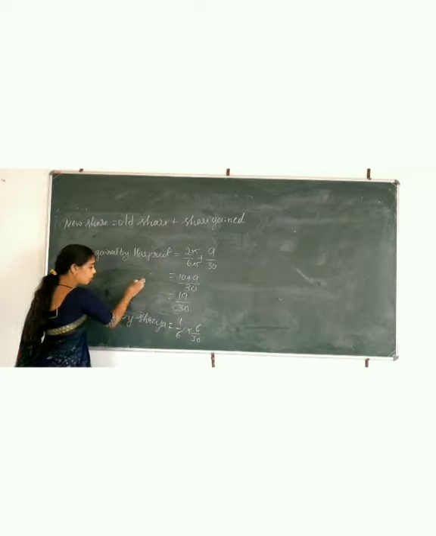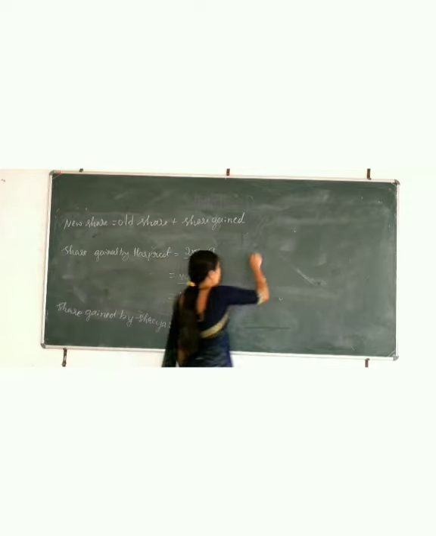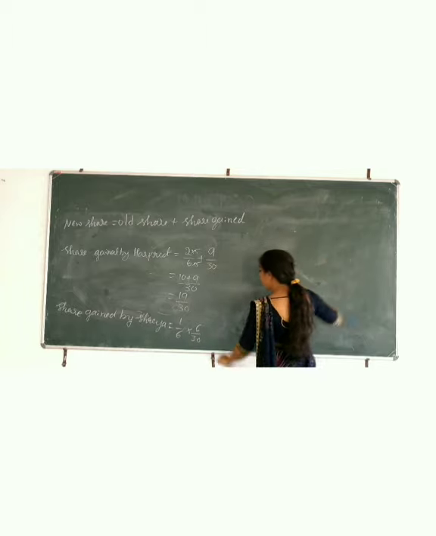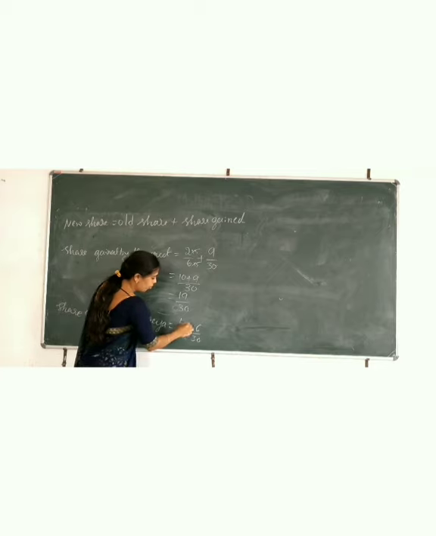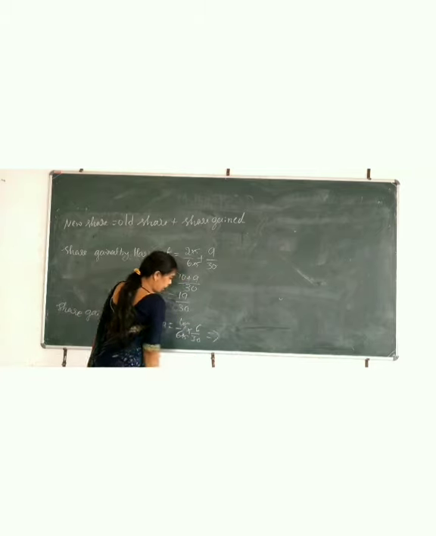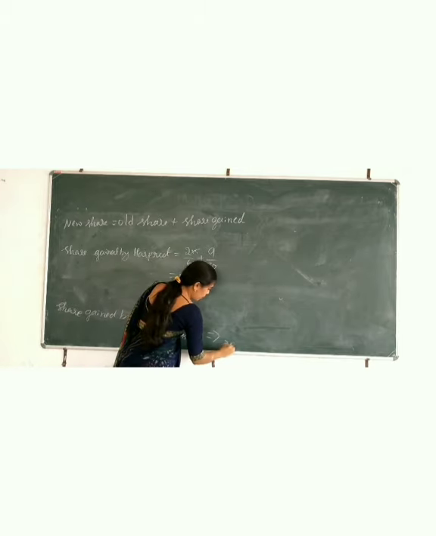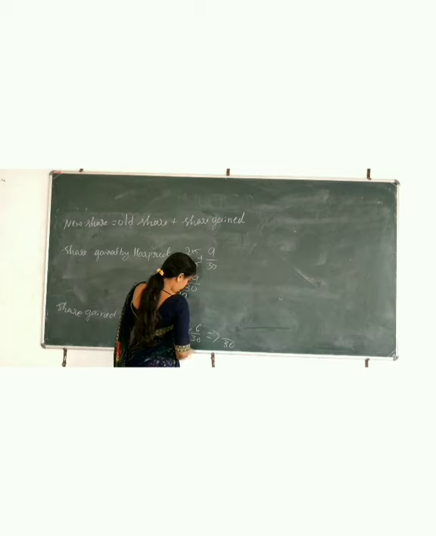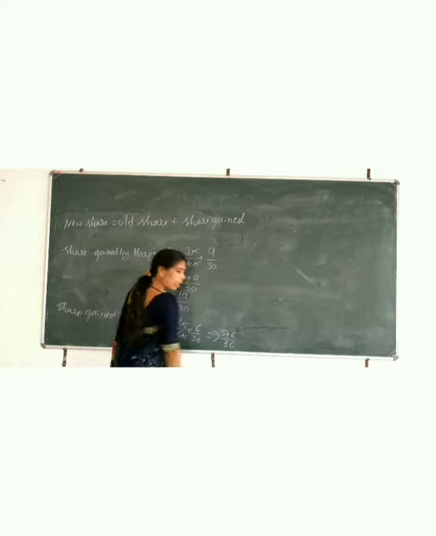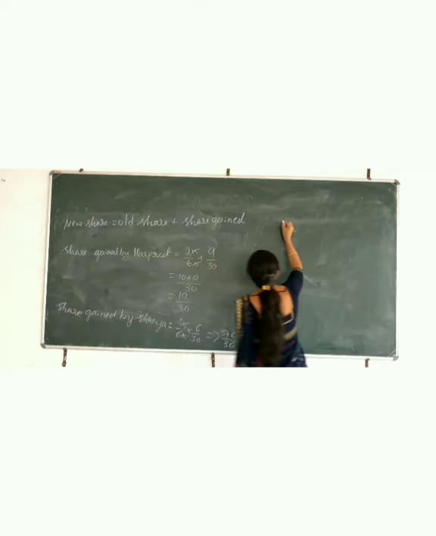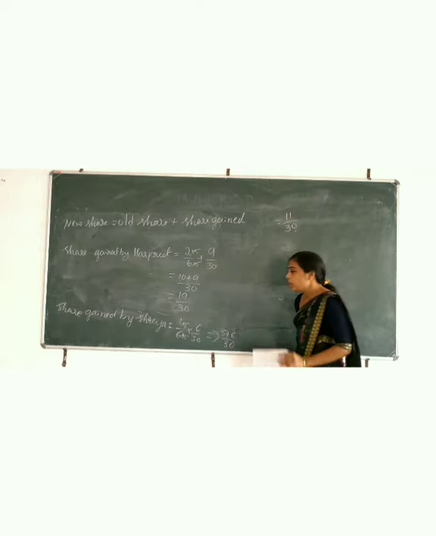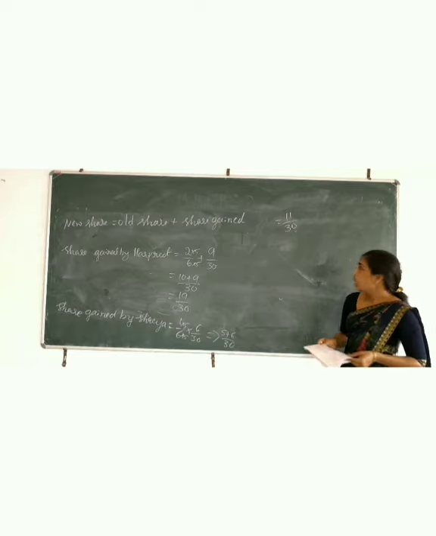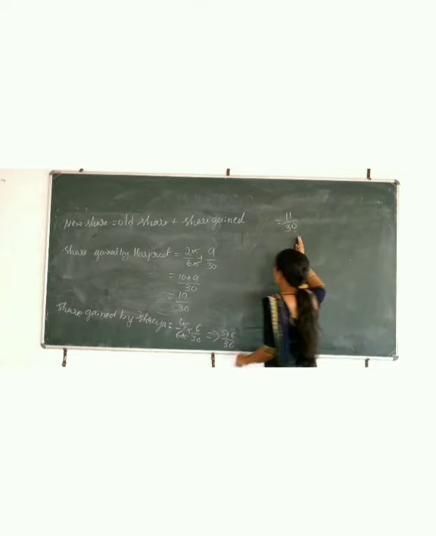Now we need to equalize this one, so we multiply the denominator and numerator with 5 only. So we get 30 as denominator, and 5 ones are 5, plus 6, that is 11 by 30. So Shreya's share is 11 by 30. We found the new share of Shreya.